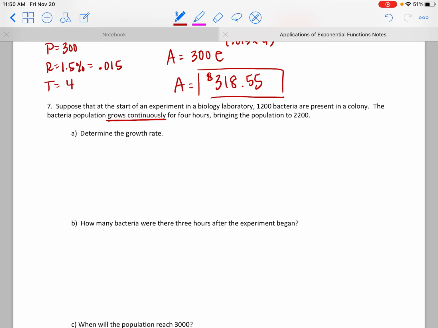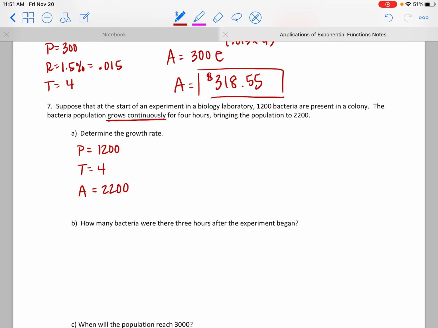So think about what we're given here. It says we have 1,200 bacteria to start. So that means the starting amount, we'll call that P, is 1,200. And we end up with, after 4 hours, a population of 2,200. So the time is 4, and the ending population, the final amount, is 2,200.